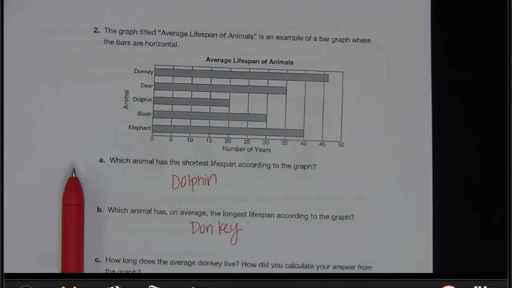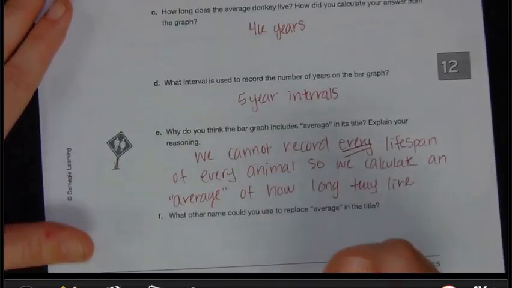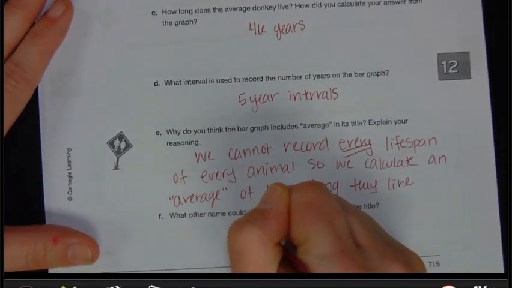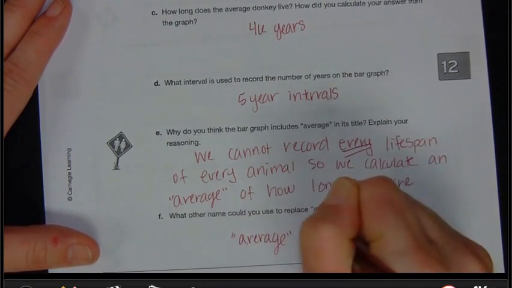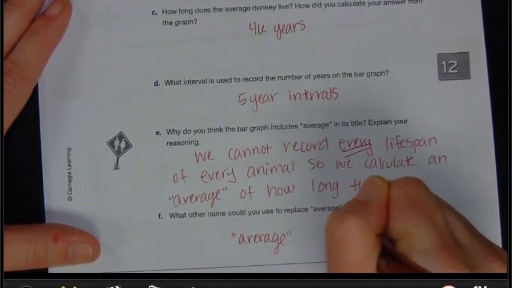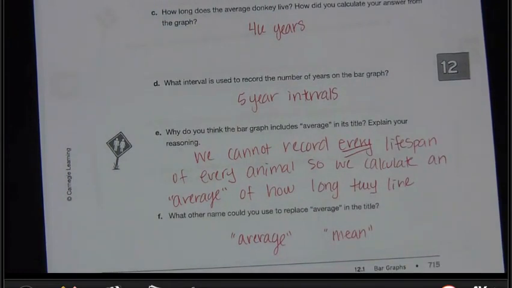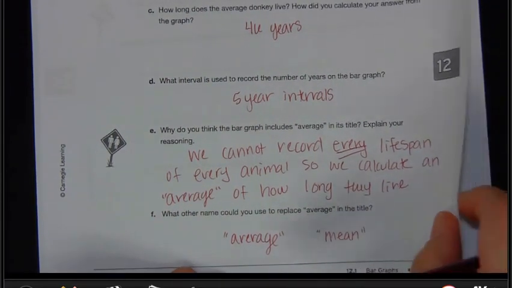And then once they died, we recorded their years. And then what we did is we calculated an average. What else could we say average means? Well, average could mean mean. So average could be substituted for the word mean. Because usually when I'm asking you to find the mean of a data set, you're finding the average of a data set.